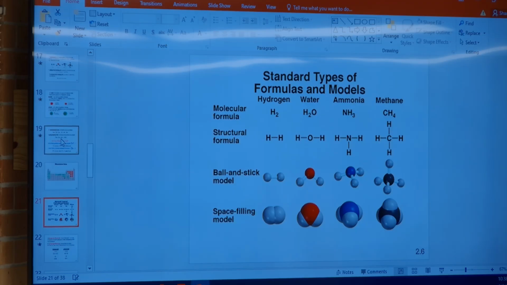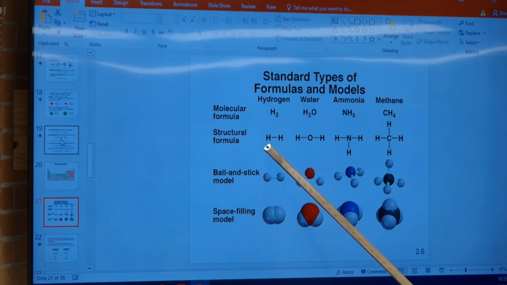In chemistry, we normally use molecular formulas and equations to show how a reaction happens. So a molecular formula looks like this. It shows how many atoms from each element are bonded to form this unit.